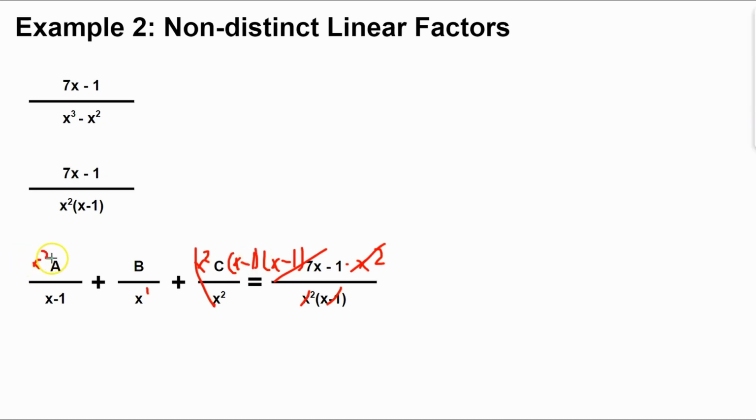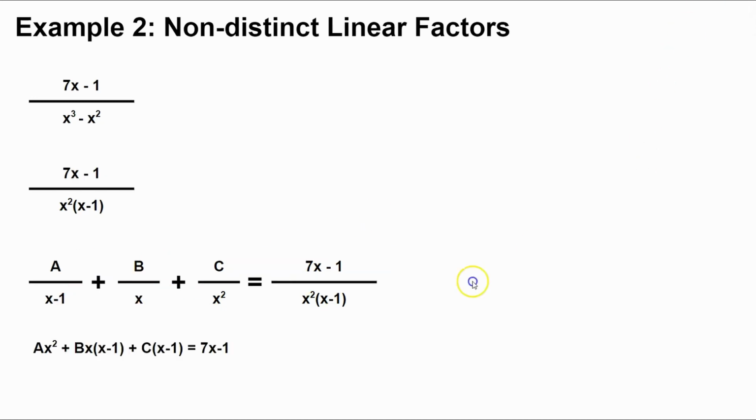You have x squared, and then x minus 1. The x minus 1 cancels out. Now B is a little tricky because you have x squared and then x minus 1. Only one of the x's can cancel out in this case, which is unfortunate. But what you're left with in the end is Ax squared plus Bx times x minus 1 plus C times x minus 1 equals 7x minus 1.